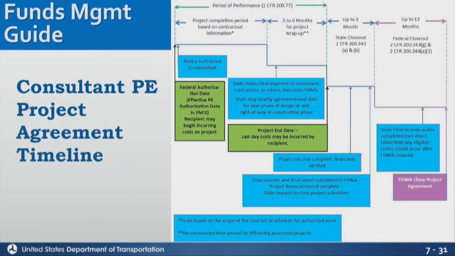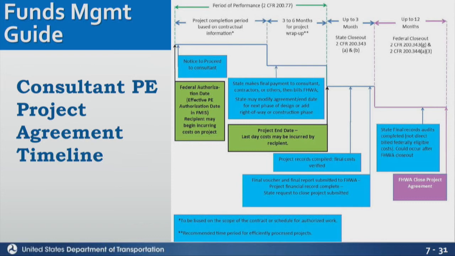Okay, these are our last two slides, and these are in the back of your book. Basically this gives you an example of the project agreement timeline for a design project for PE. You can see up there, for period of performance, we have project completion period based on contractual information.